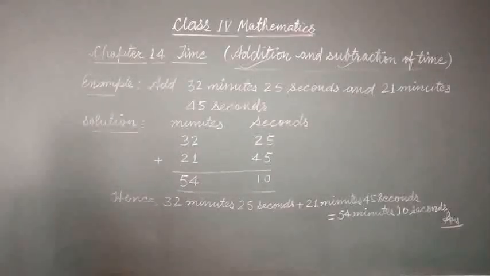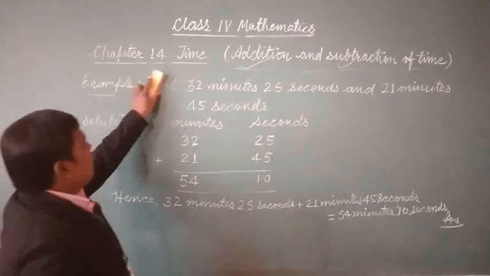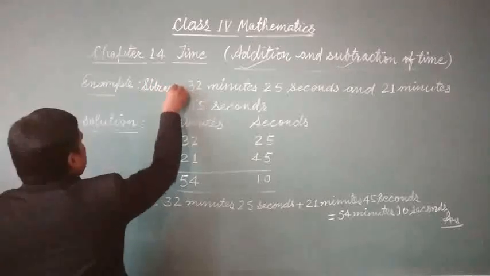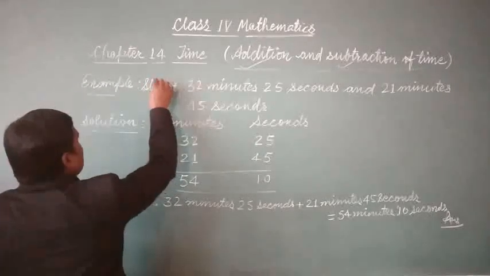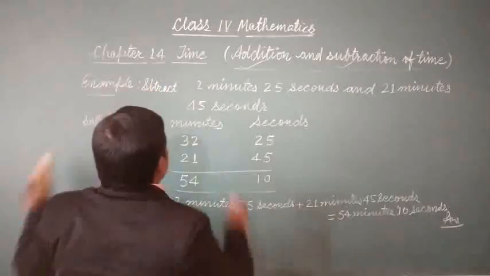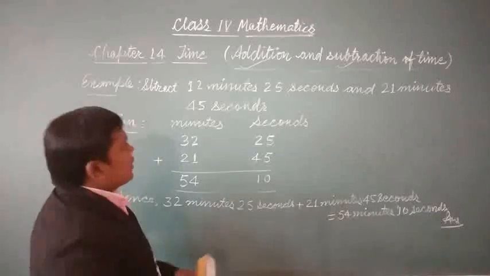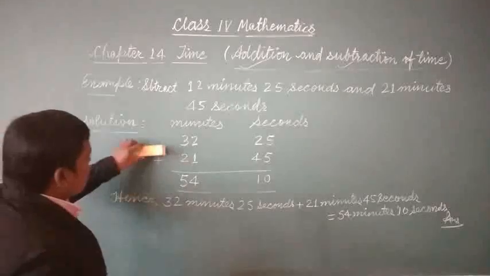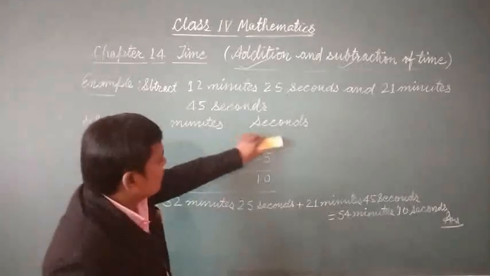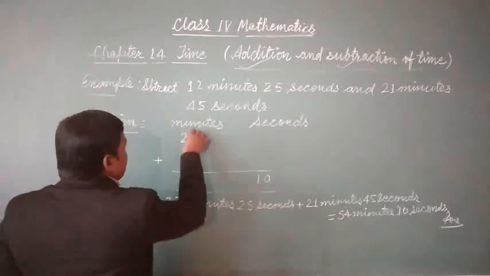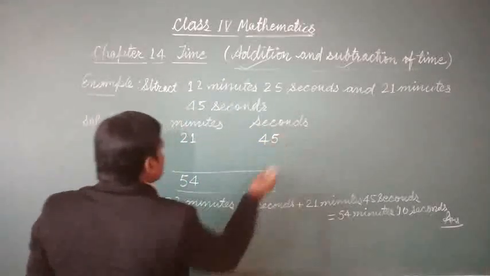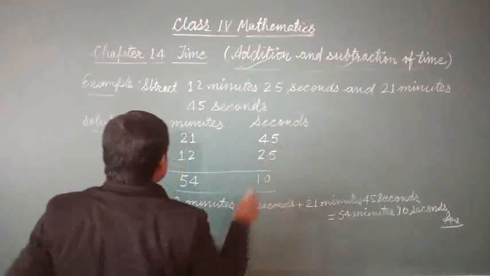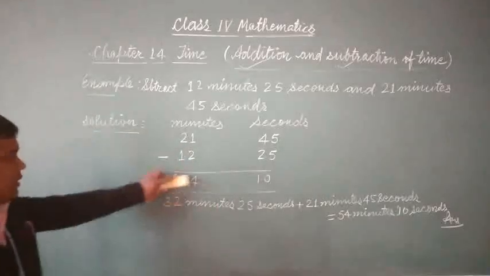Okay. So instead of add here, we write subtract. Subtract 12 minutes 25 seconds from 21 minutes 45 seconds. So here we write 21 minutes 45 seconds and here 12 minutes 25 seconds and the sign will be minus.